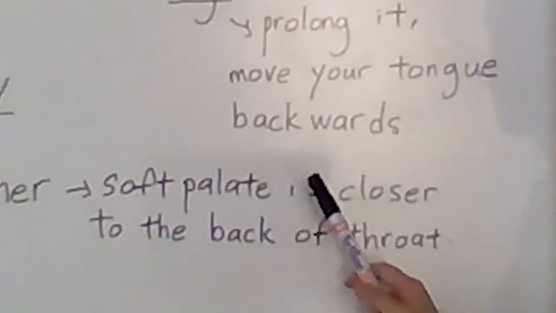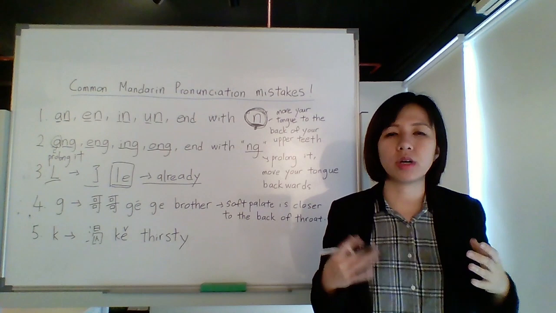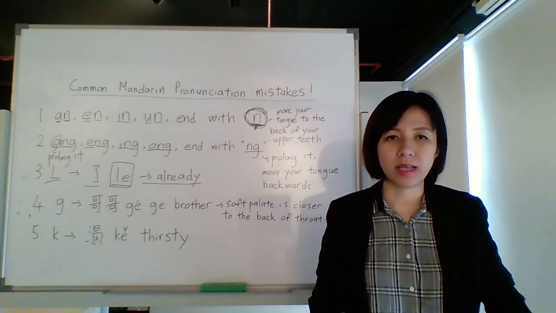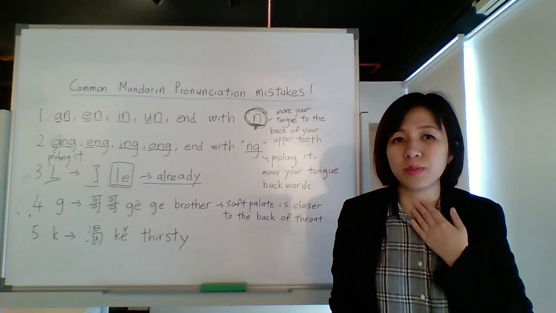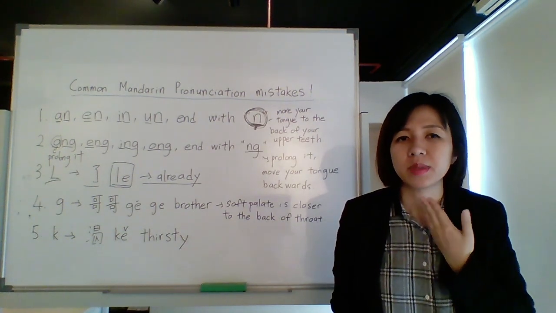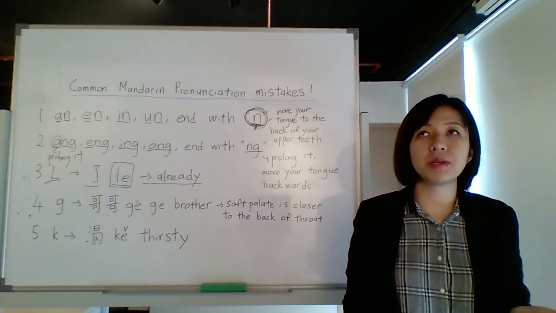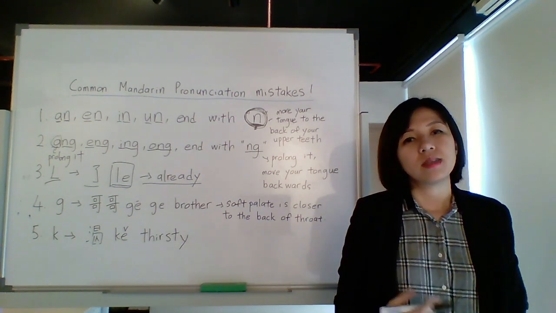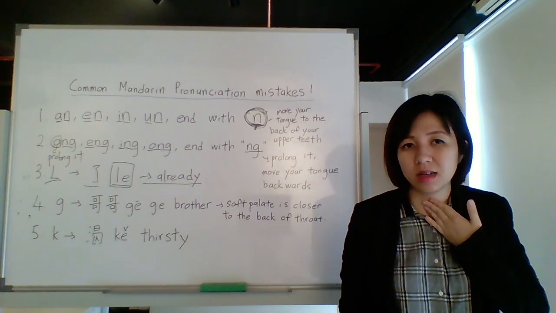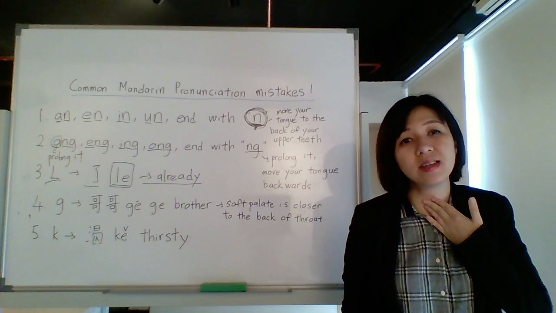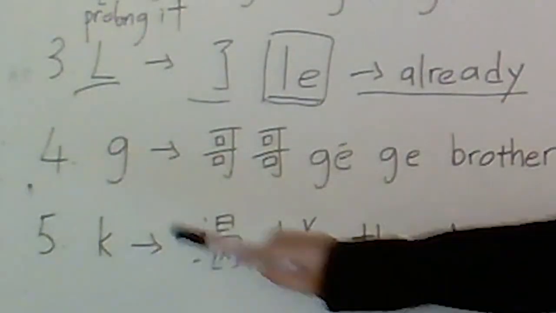It's a theory like when you are vomiting, you push your throat, right? So you pronounce ge. It's the same theory as when you are vomiting. Oh, very easy, right? So this is ge.